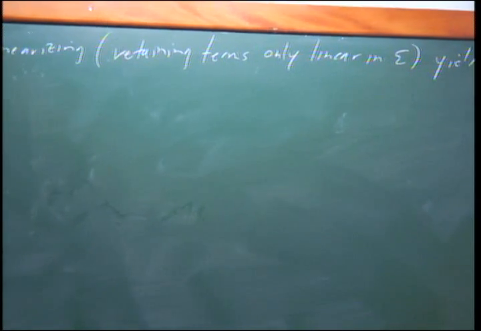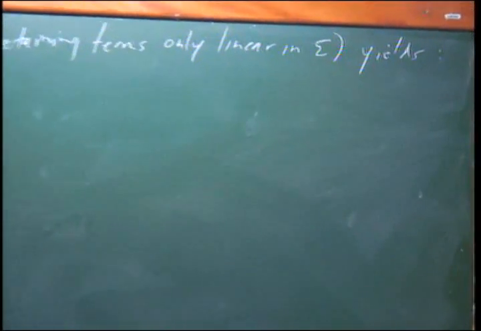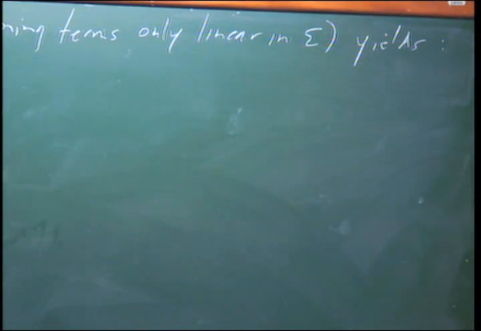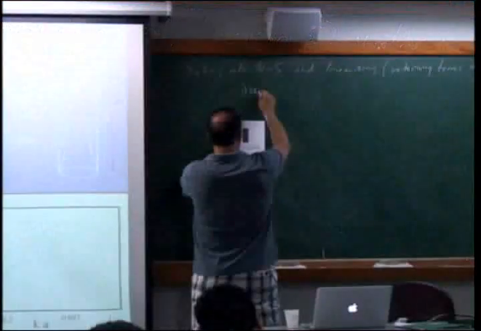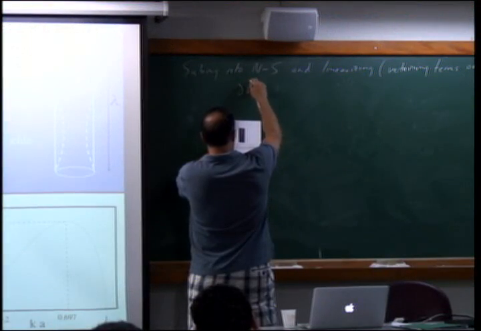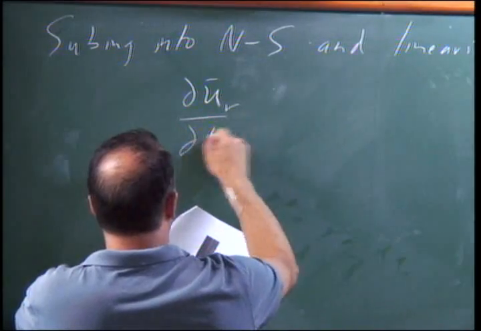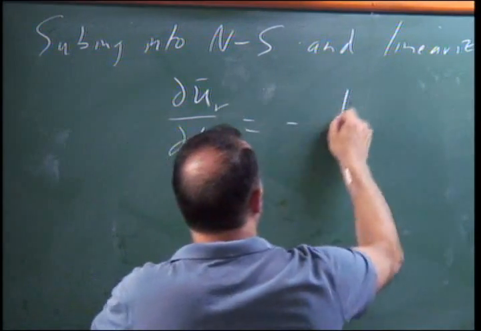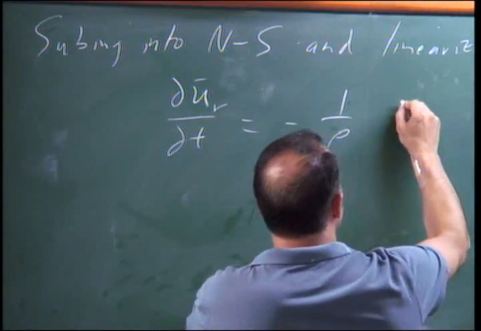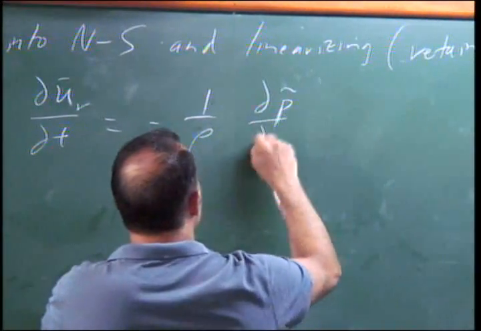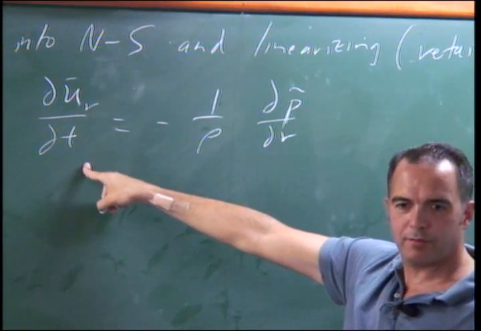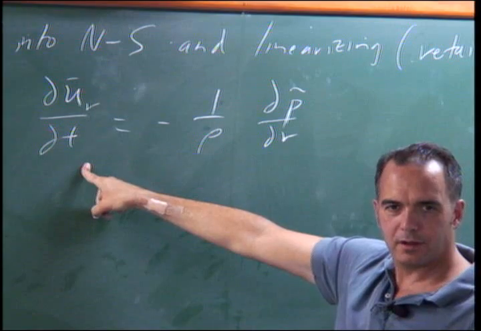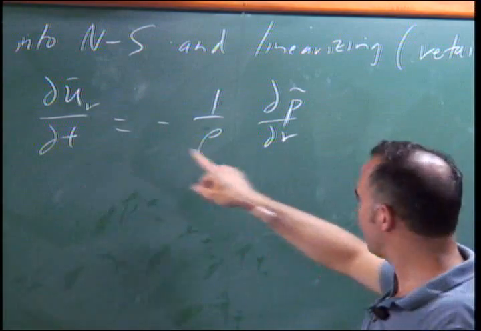So you need to look at the radial, so the R and Z components of Navier-Stokes. So we know in general this will also have a u dot grad u nonlinear term, but we can throw that out because we're linearizing.